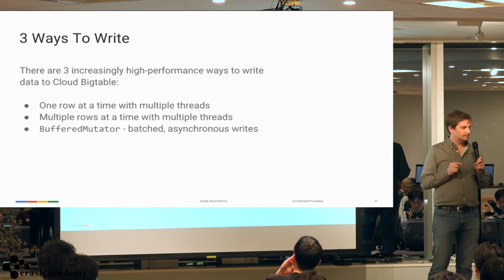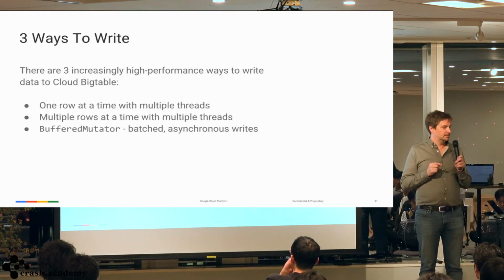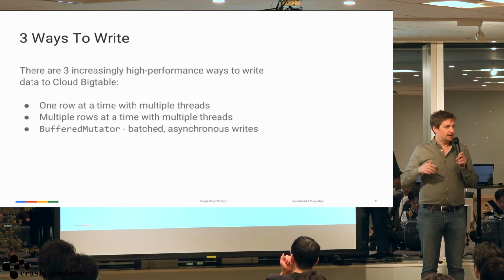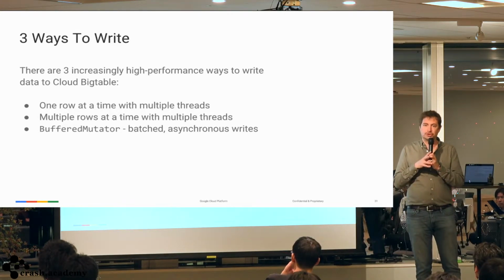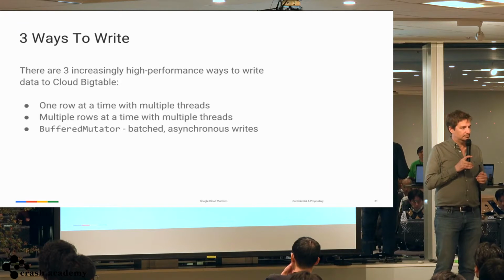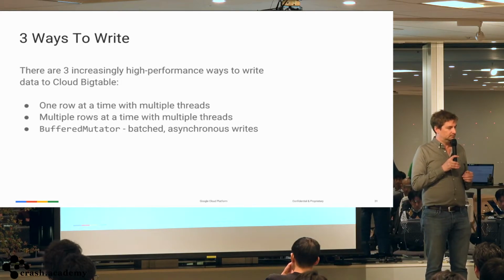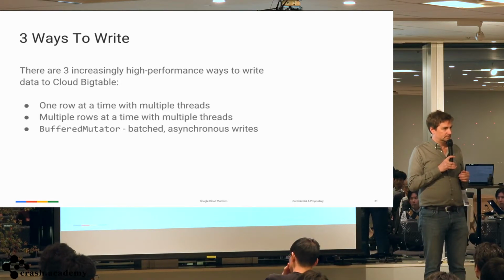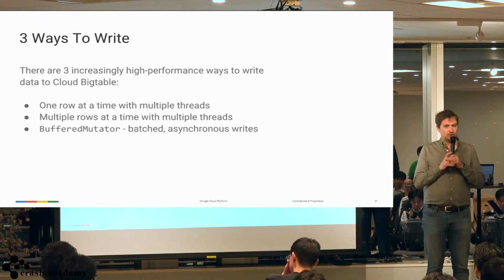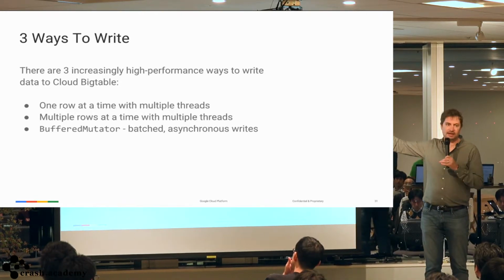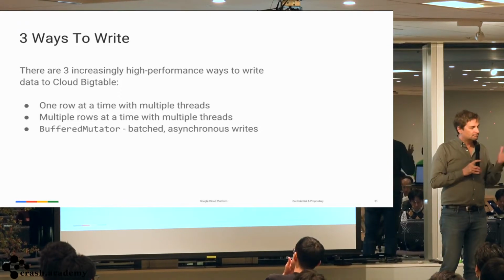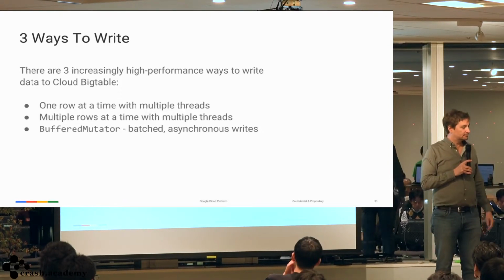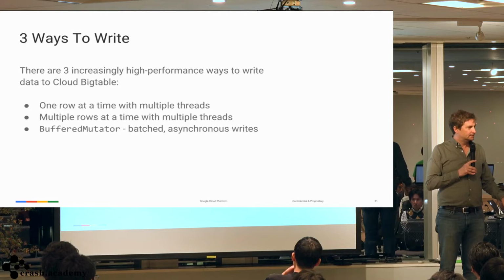It takes care of parallelizing your writes to the database for you. You can get about 20 times the throughput using that as opposed to writing one row at a time.